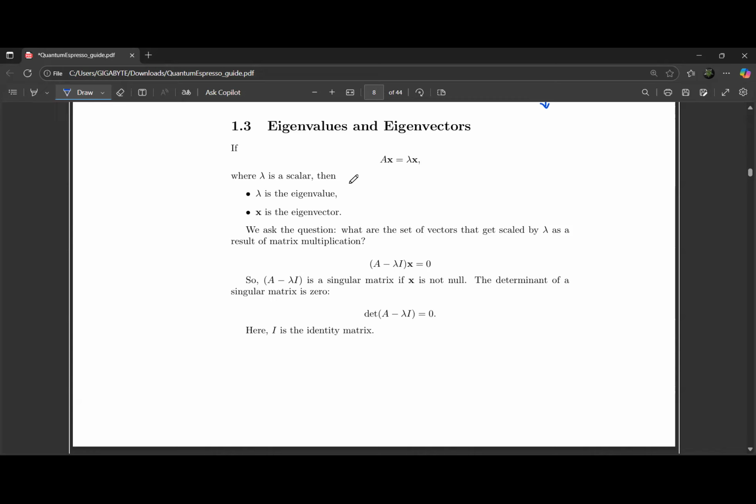So say we have here Ax equals lambda x, where x is the eigenvector and lambda is the eigenvalue. We can also write it down like Ax equals lambda I x, where I is the identity matrix.